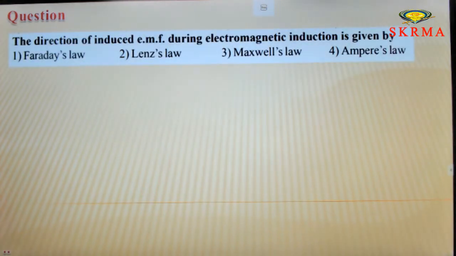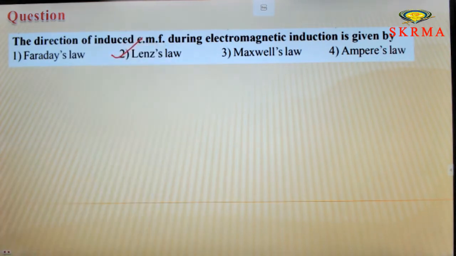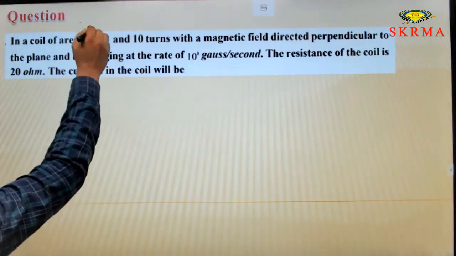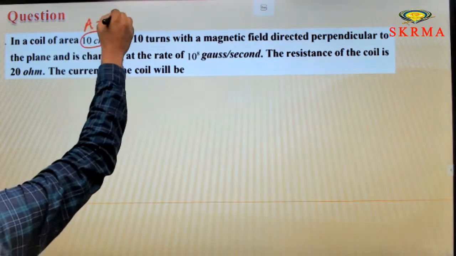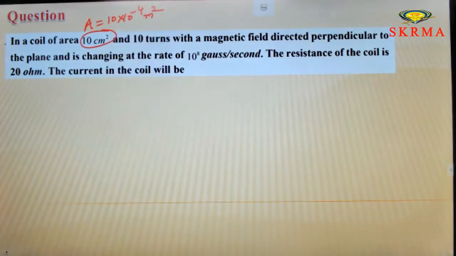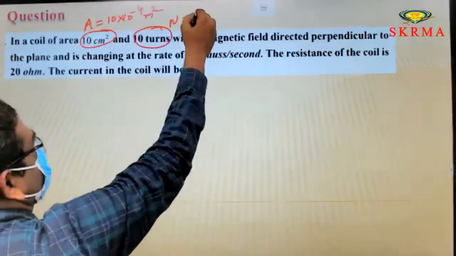Next, the direction of induced EMF is given by Lenz's law. Lenz's law gives only direction of the induced EMF. Next, in a coil of area 10 centimeter square, that means the area is given as 10 into 10 power minus 4 meter square and 10 turns. So number of turns given as 10.